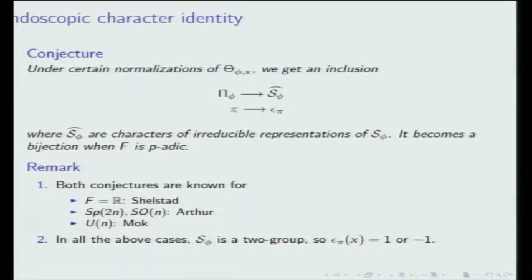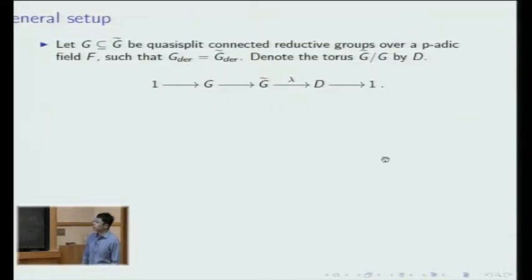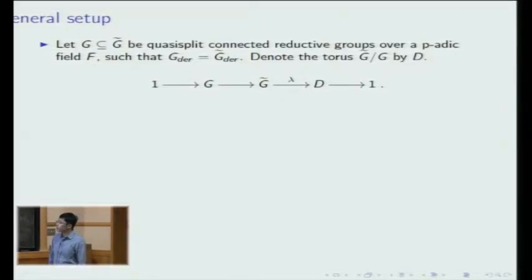So that's all I want to say about the endoscopy theory. Now I want to describe a problem, which is an extension problem for extending this endoscopic character identity. The most general setup is if you have 2 quasi-split reductive groups, and we assume the field is p-adic, and we assume these 2 groups have the same derived group.